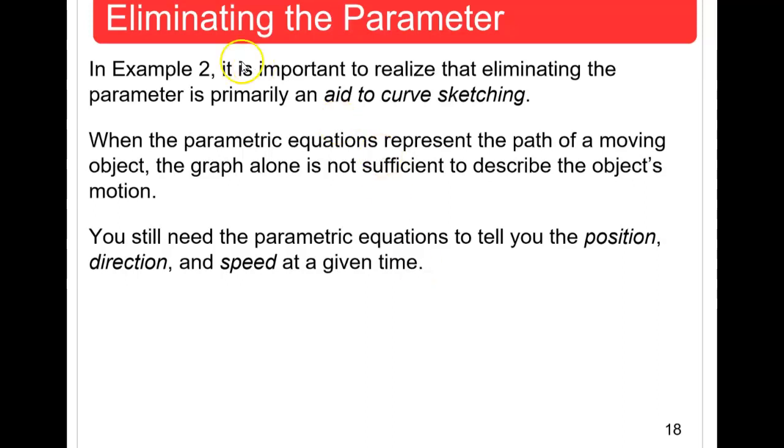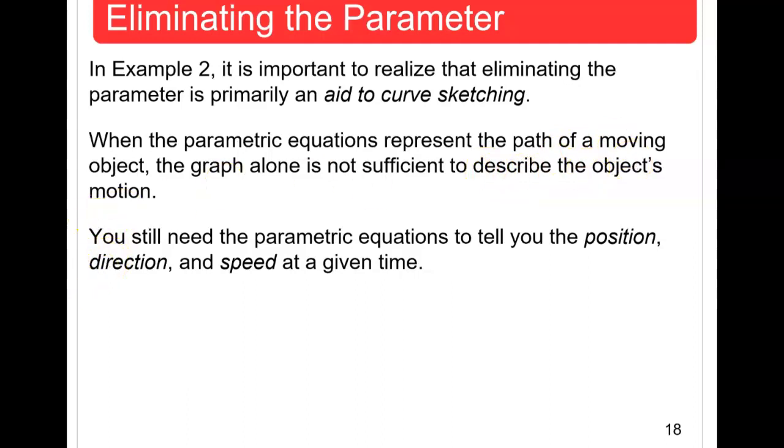So in example 2, it's important to realize that eliminating the parameter is primarily an aid to curve sketching so that you can sketch it faster. When the parametric equations represent the path of a moving object, the graph alone is not sufficient to describe the object's motion.